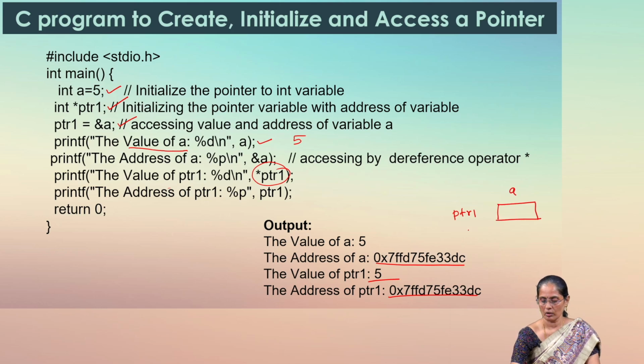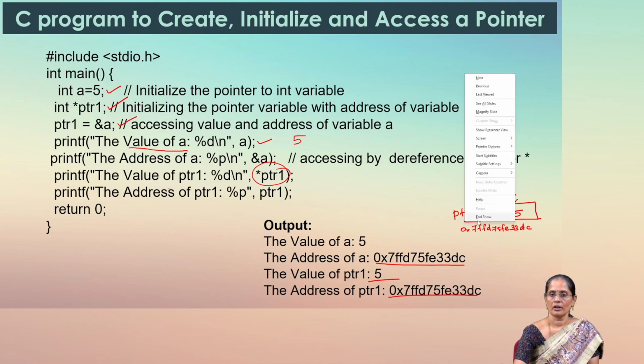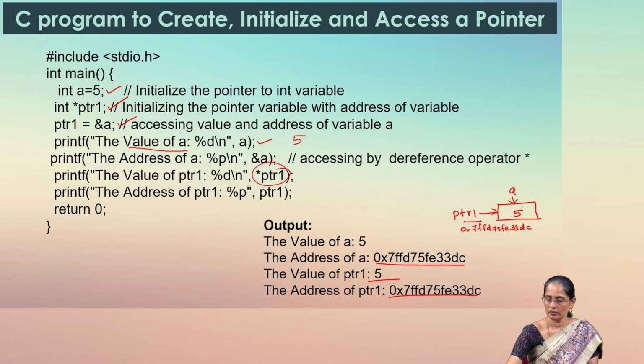The address of the location is 0x7ffd75fe33dc and the value stored here is 5. So, both ptr1 and a points to the same location. So, what we do using ptr1, if we are trying to change the value, the same value will be updated.